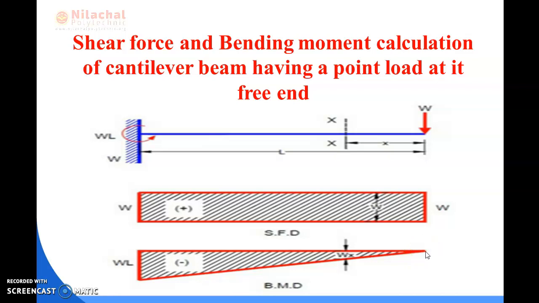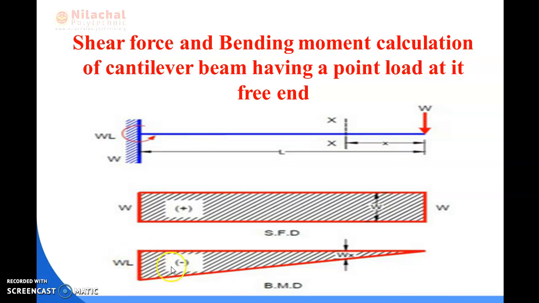So here W is there, but the distance equals 0. So at the free end of the cantilever, the bending moment value is 0. Then come to the x section, where the bending moment equals W into x. And again, at the fixed end support, the bending moment we got is minus WL.